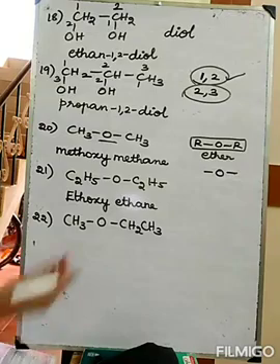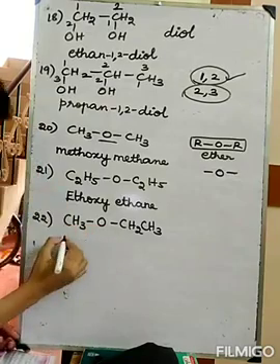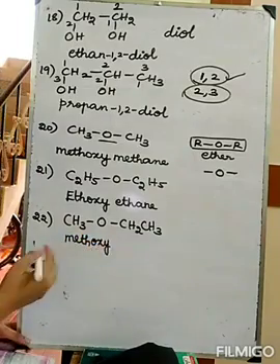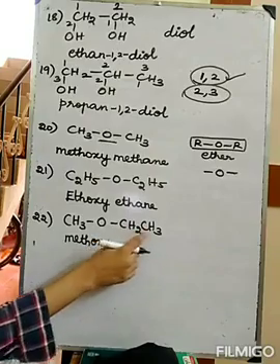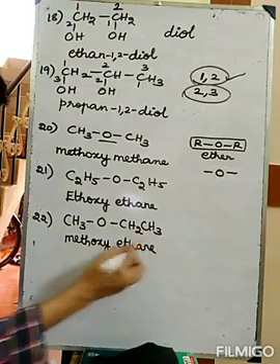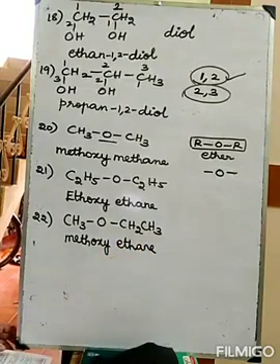How will you name this? Before oxygen, how many carbons are there? 1 carbon. So it is meth. Oxygen means oxy, and after the oxygen 2 carbons. So eth, single bond, ane. So methoxyethane.